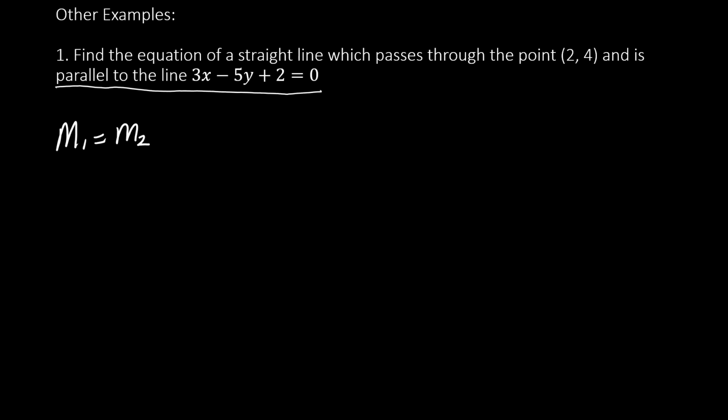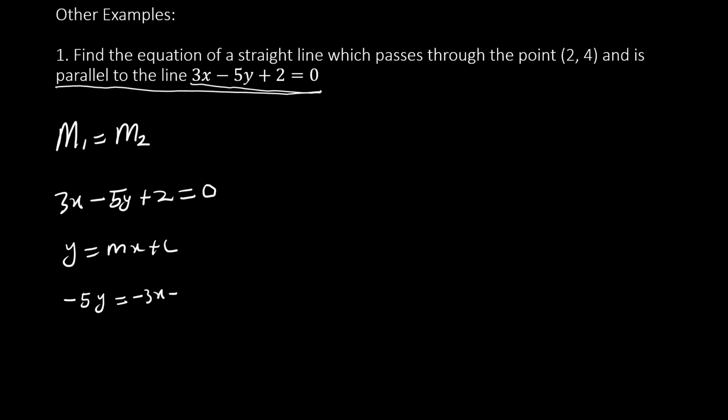But first, let's look for the slope of the line that we're given. We have 3x minus 5y plus 2 equals 0. If you write this equation in the form of the general equation of a straight line, which is y equal to mx plus c, we are going to have minus 5y equals minus 3x minus 2.